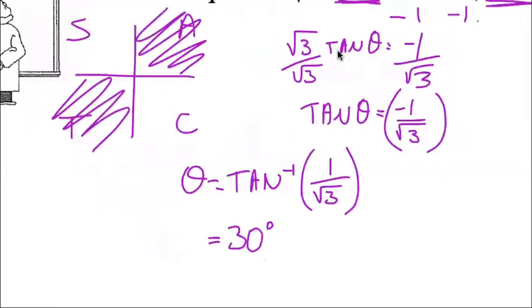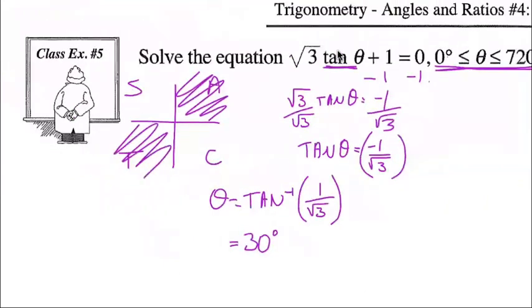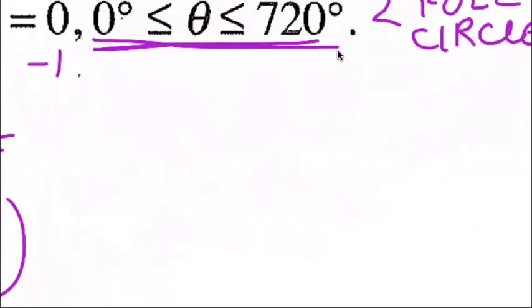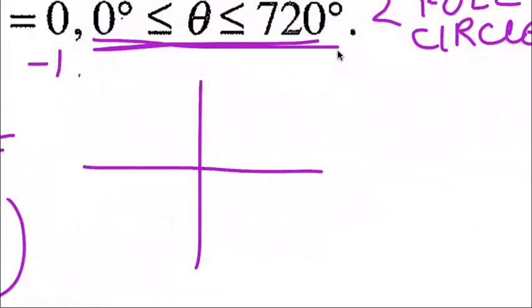Okay, so now in quadrant 1, we don't worry about it. In quadrant 2, I have a reference angle of 30 degrees, which means my rotation angle is going to be 150 degrees.